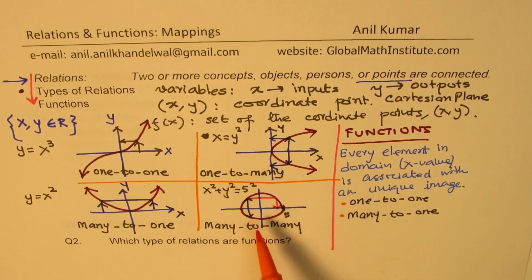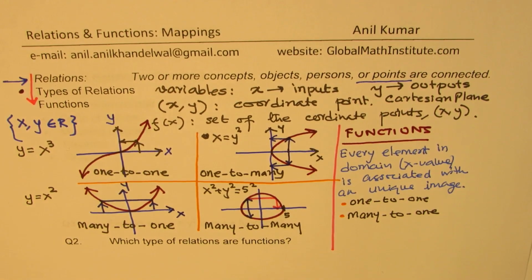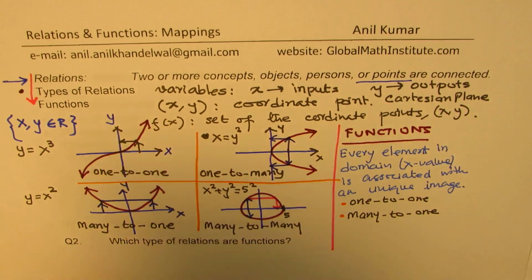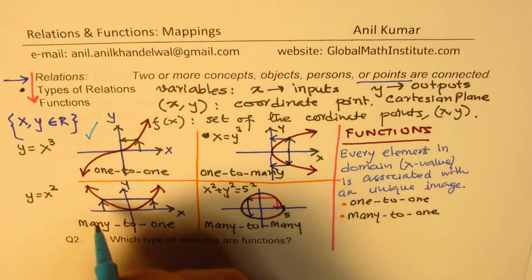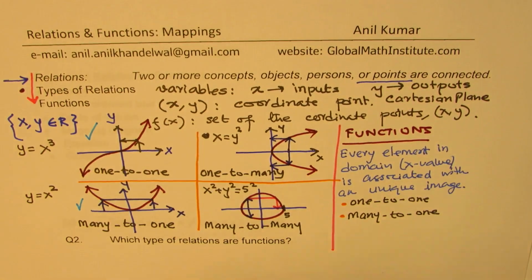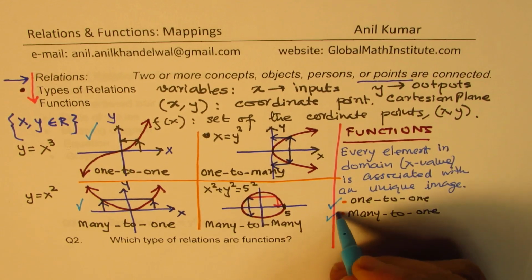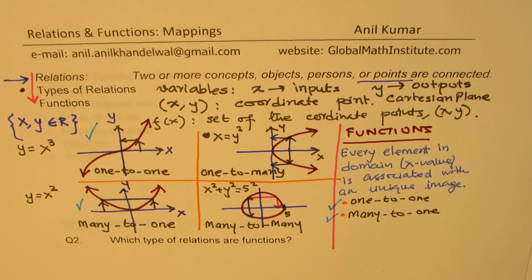The other 2 relations, one-to-many and many-to-many, are not functions. Is that clear to you? Correct? So that is a very, very important aspect as we move along for you to understand. So this is a function and this is also a function, right? So these are these 2 relations which we are talking about.